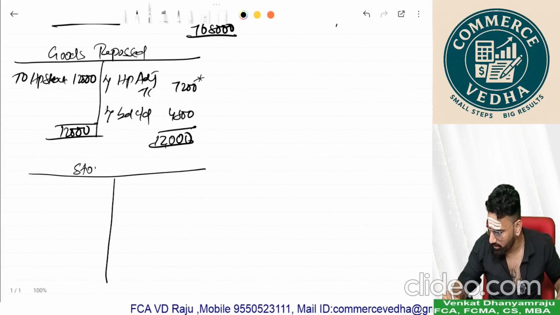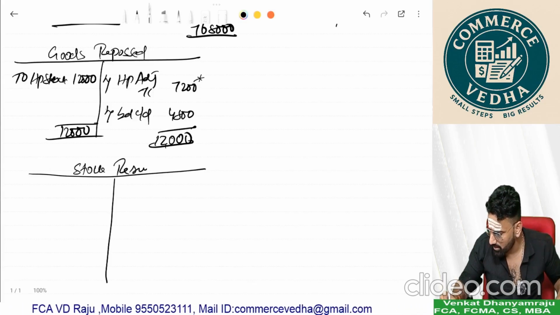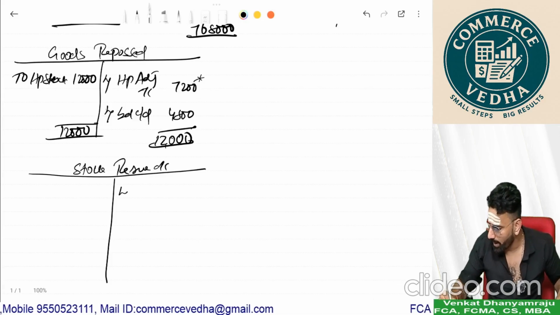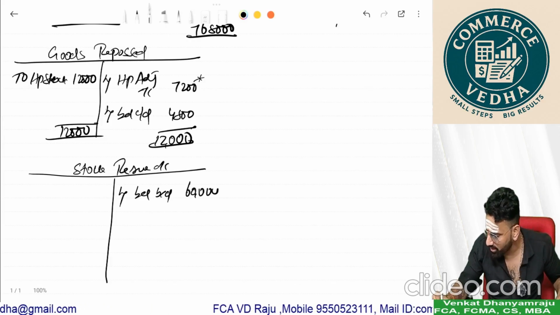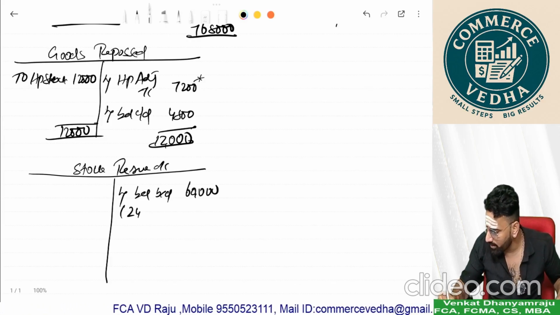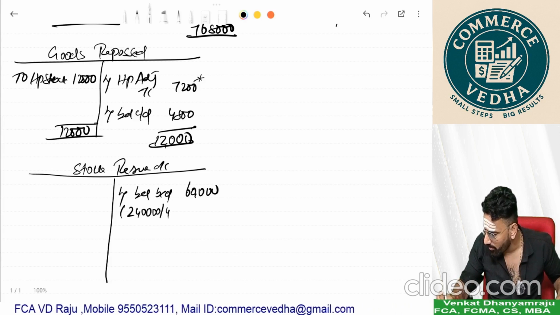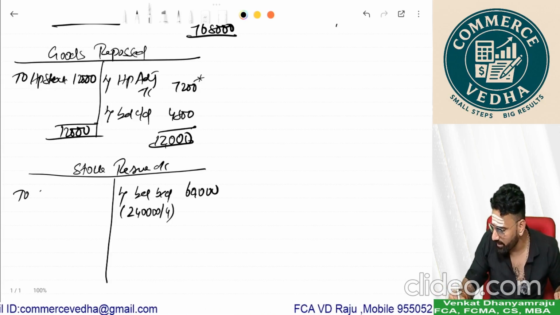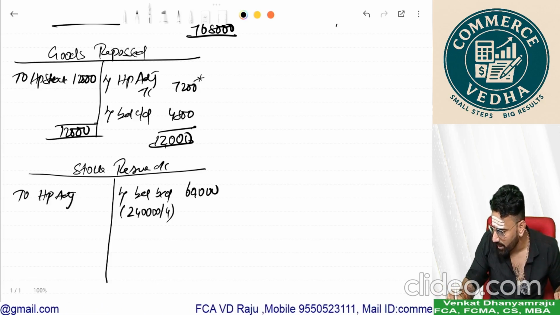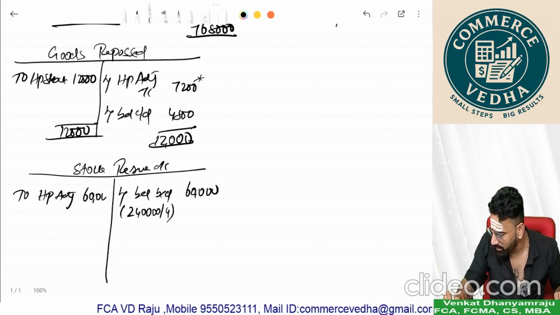So after goods repossessed, we should prepare stock reserve account. By balance brought down 60,000. How did 60,000 come? Opening stock at hire purchase price. And this must be transferred to hire purchase adjustment account for the current year.